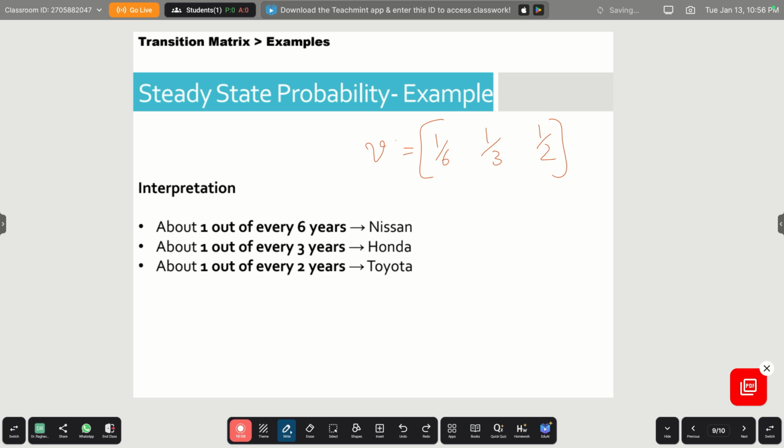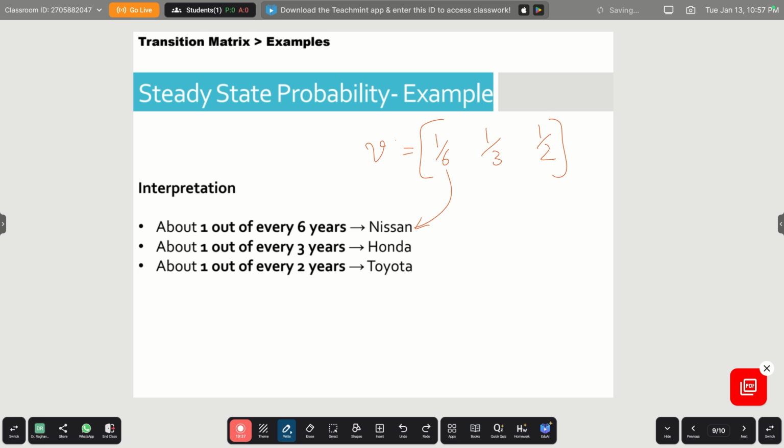So the interpretation is this: about 1 out of every 6 years he will own a Nissan car, if the habit is as per the Markov chain given here. Whatever may be the initial distribution in the first year, whichever car he might have, in the long run, 1 out of every 6 years he will have a Nissan, because it's 1 by 6.